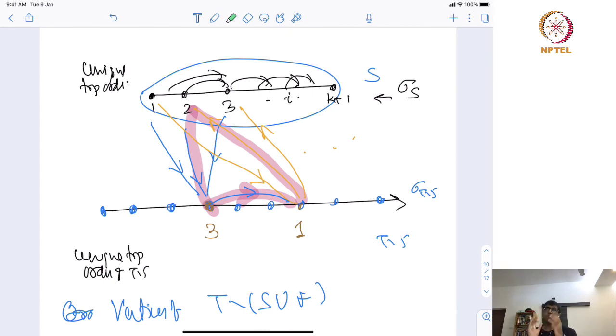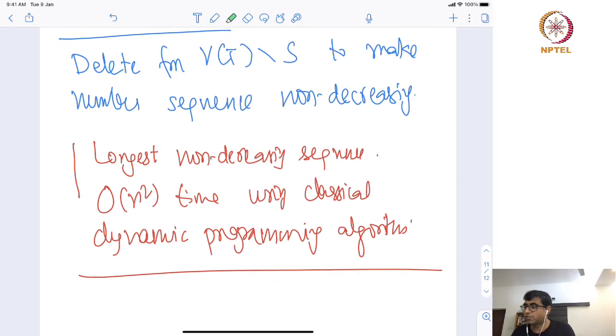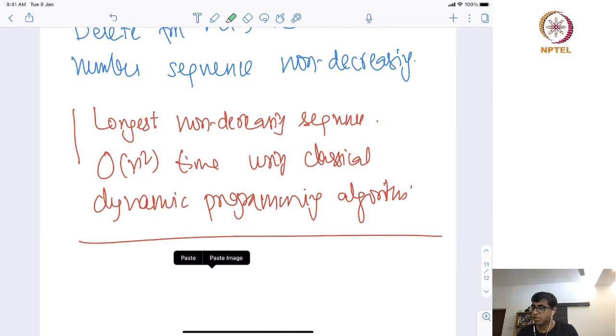So we have reduced our problem to finding a number sequence that contains all the vertices of t minus s but k of them. That problem is nothing but a longest non-decreasing sequence of numbers, which we can do in order n square time using classical dynamic programming, or maybe n cube for sure. I think n square is possible.